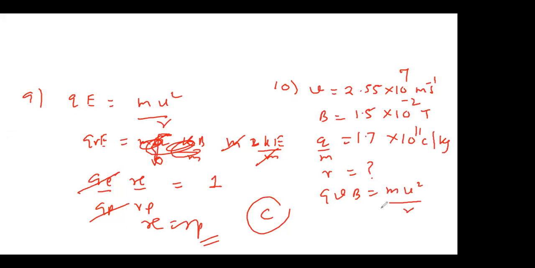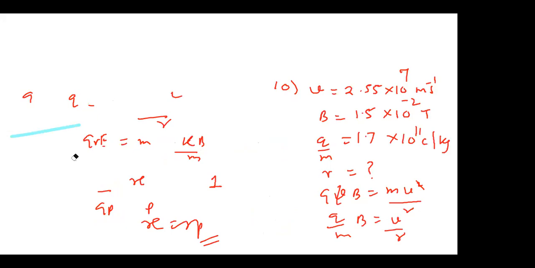qvB equals mv square upon r. One v we can cancel. So q upon m v equals v by r. I did it in that format because then I can write the specific charge properly.